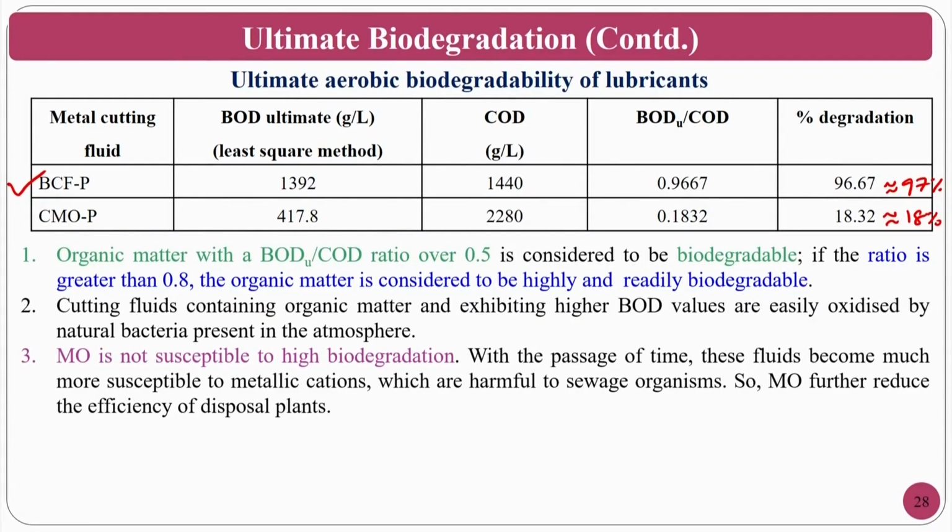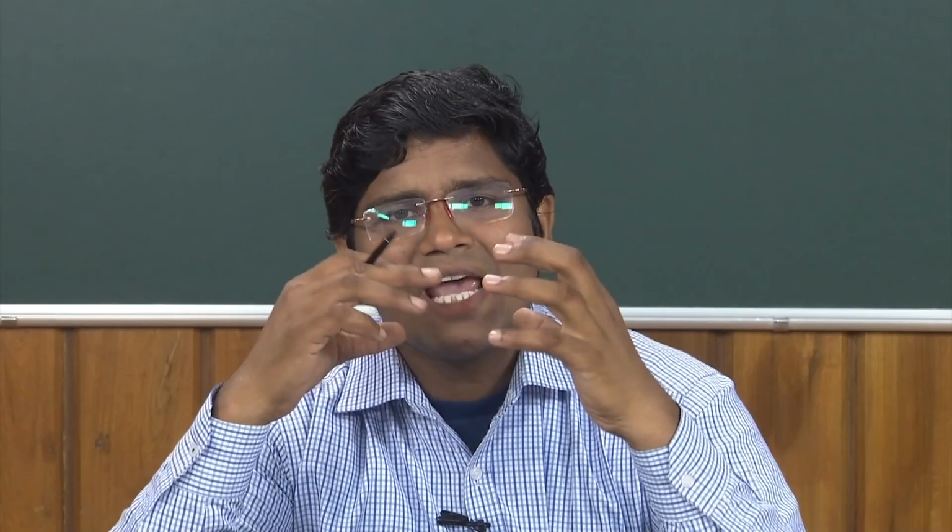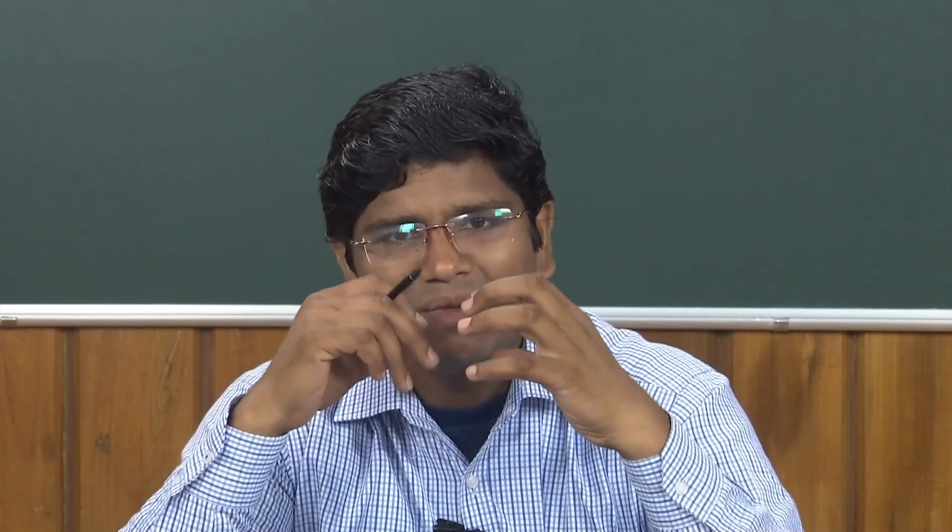Okay. So, organic matter with a BOD ultimate by COD ratio of 0.5 is considered to be biodegradable. If the ratio is greater than 0.8, that means the organic matter is considered to be highly and readily degradable. That means that if my ratio value came around 97%, that is above 80%, it is ready to degrade.